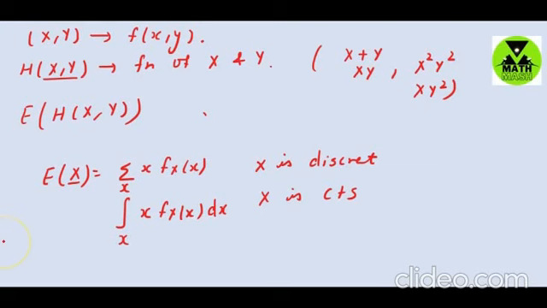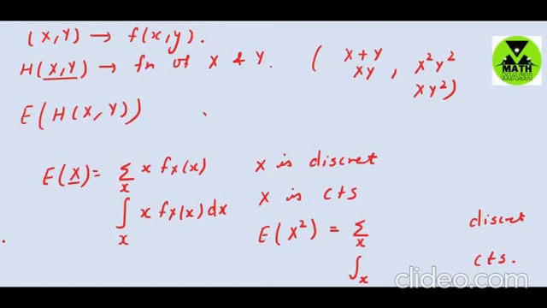Now if we want to compute the expected value of x square: if x is a discrete random variable, use summation. If x is a continuous random variable, use integration over possible values of x.